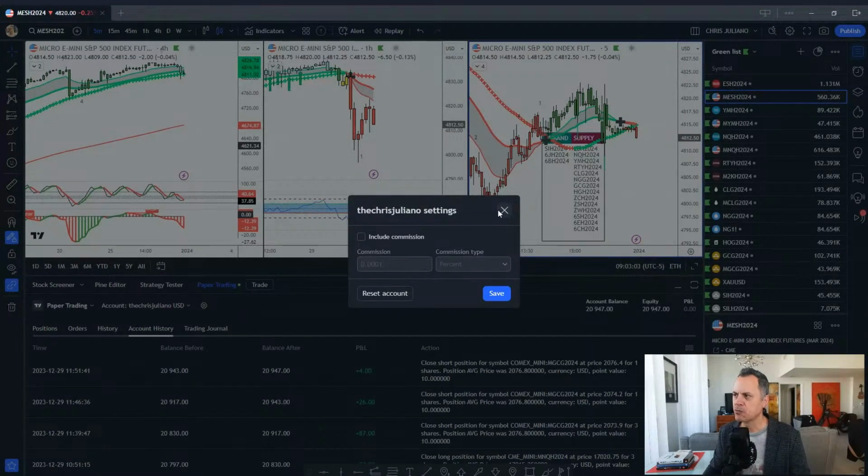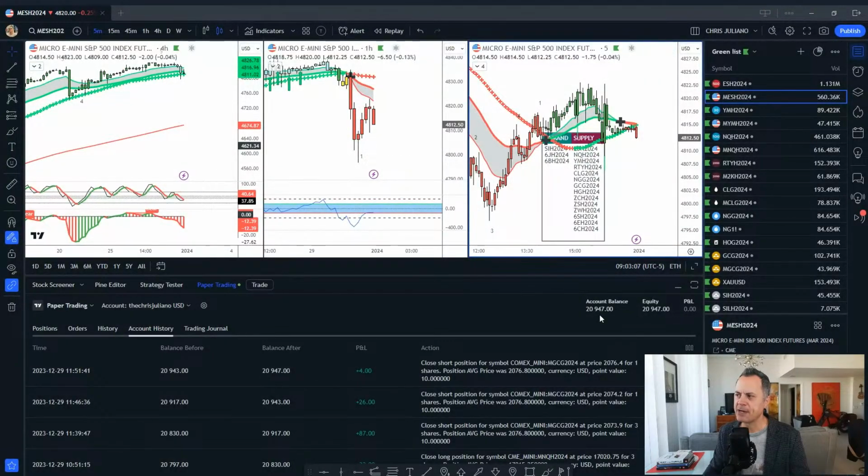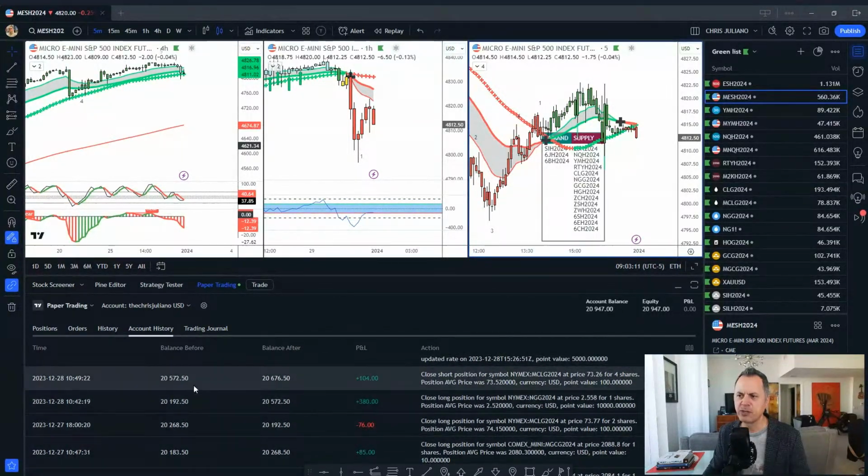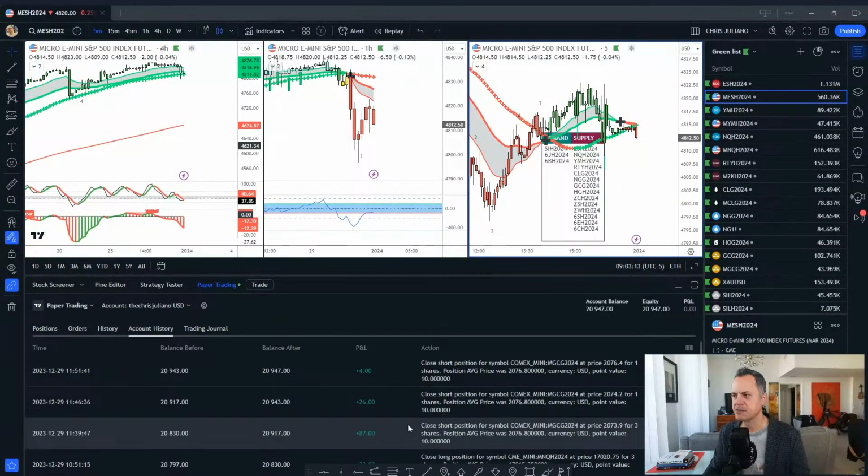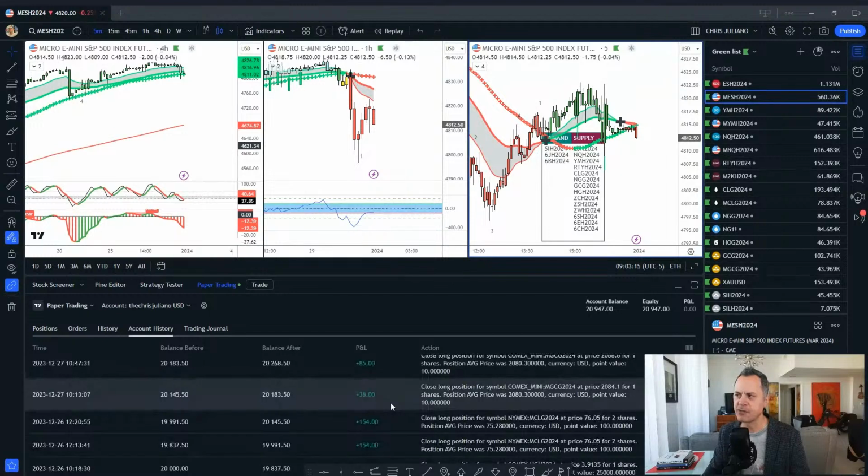So click on reset account and set the account for $20,000. We started doing this last week. So this is from last week. All of this here, we made $947 last week on the micro futures. So set your account to $20,000, please.